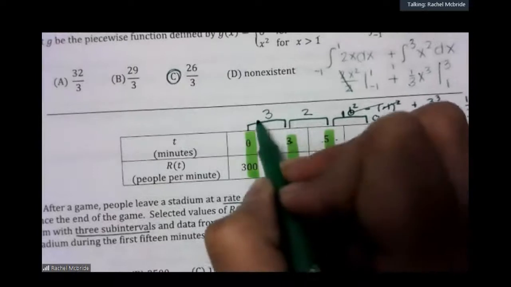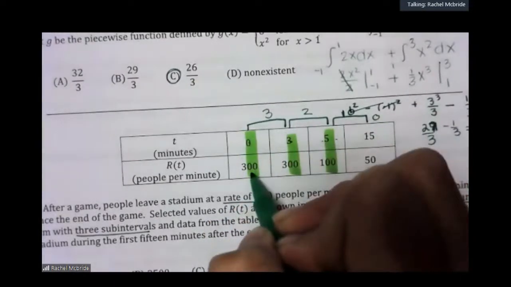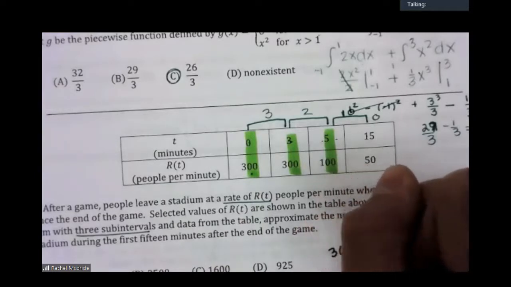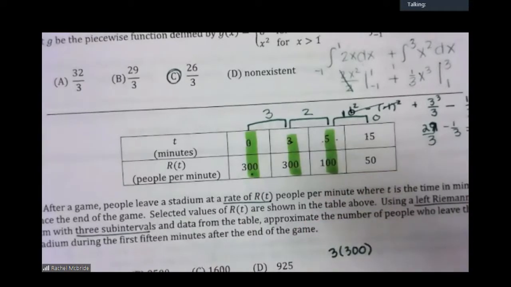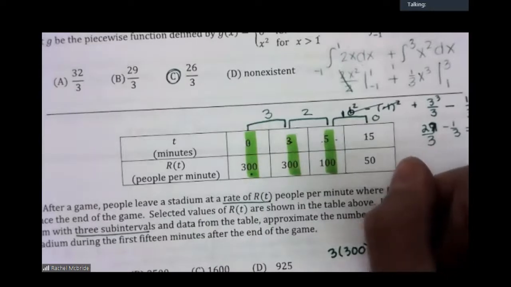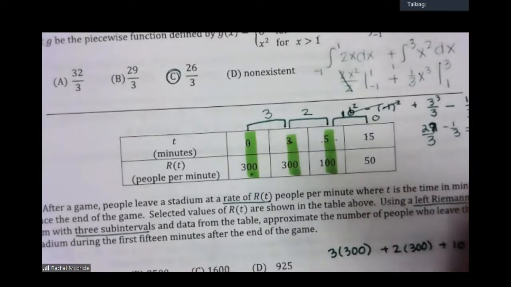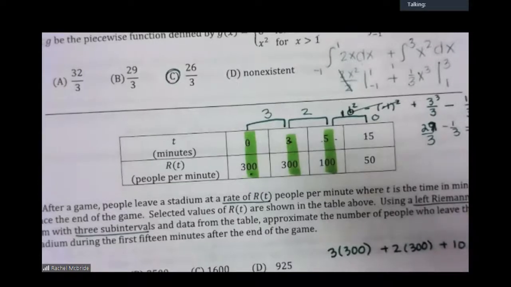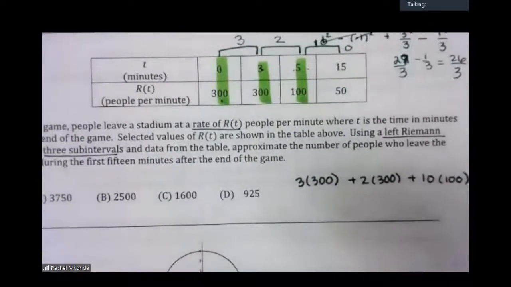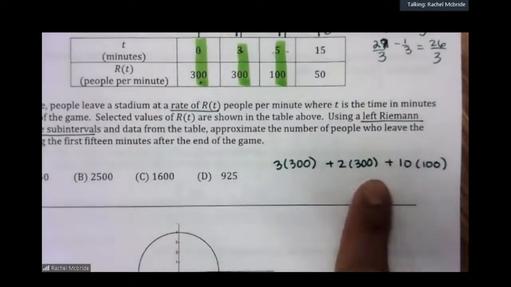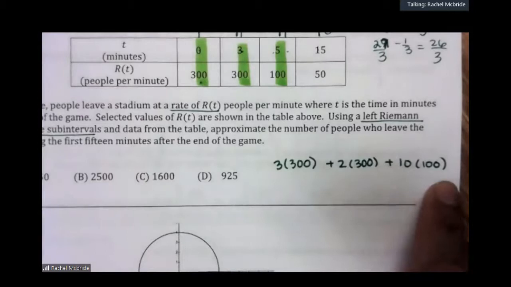So remember, it's width times height. So it would be 3 times 300 plus 2 times 300 plus 10 times 100.